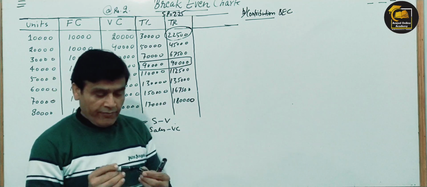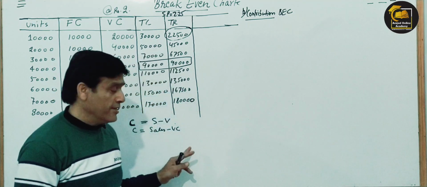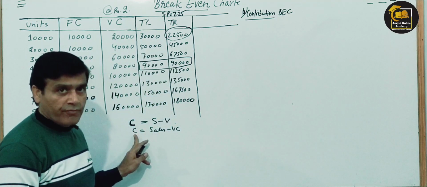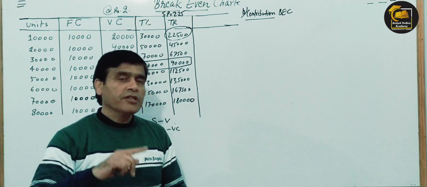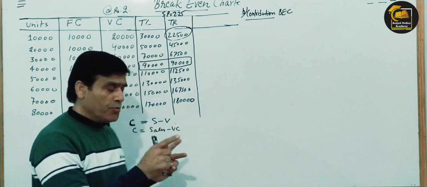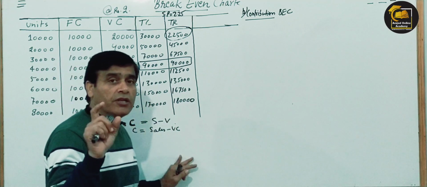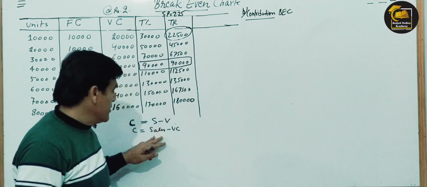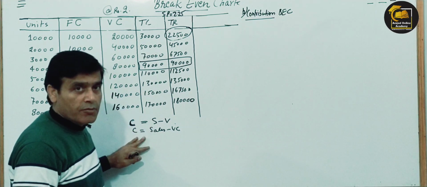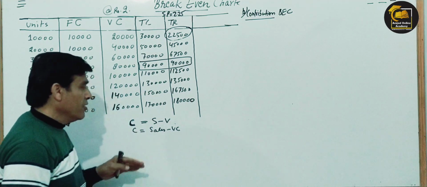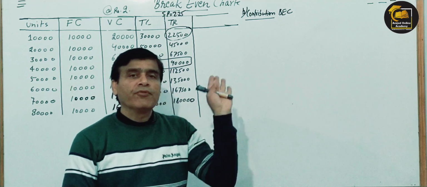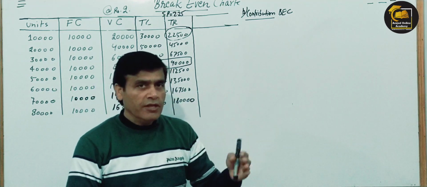Once you deduct your variable cost from the sales, it is equal to the contribution. A lot of people think that contribution and profit are the same. No. Observe the difference. Once you deduct only variable cost from sales, it is the contribution. If we talk about profit, once you deduct the entire cost from the sales, that will be equal to the profit.